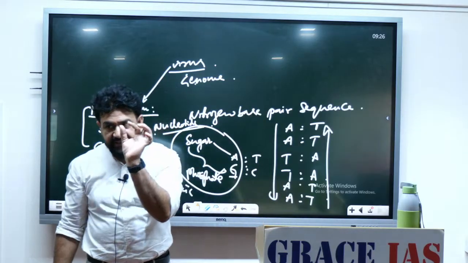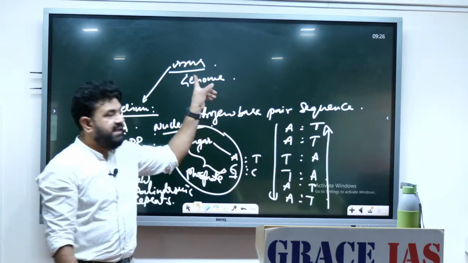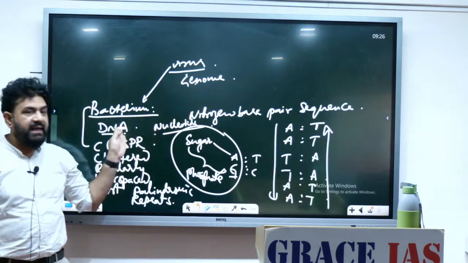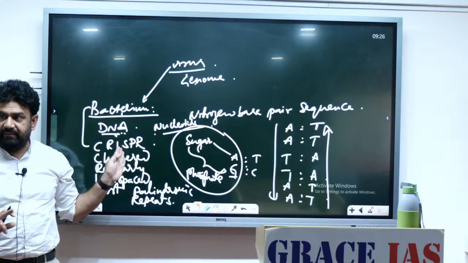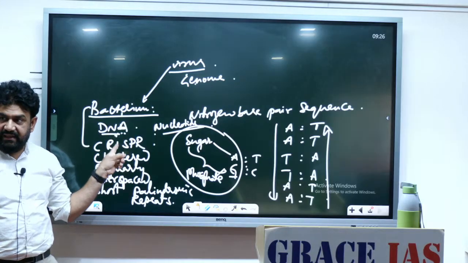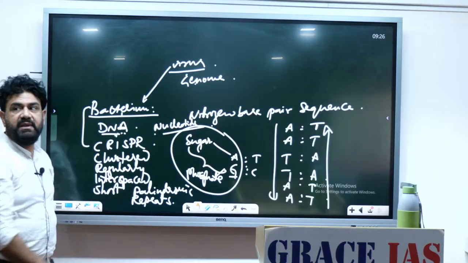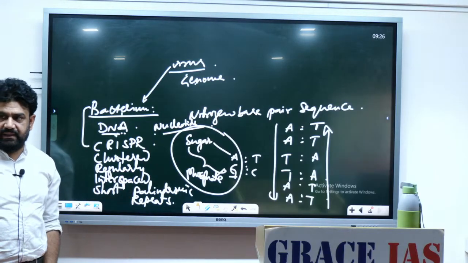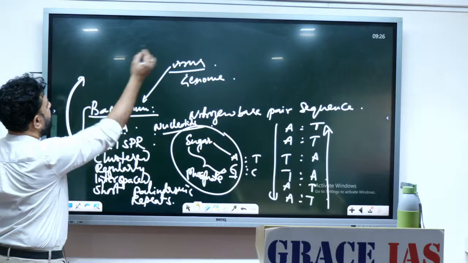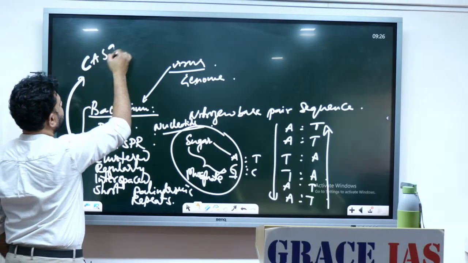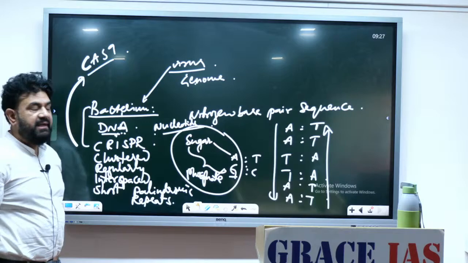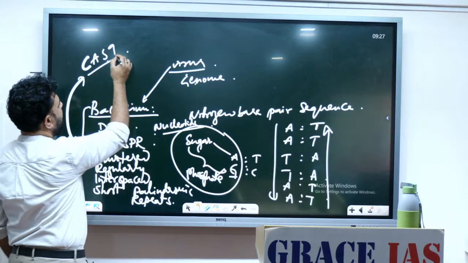If there is such a sequence in the virus genome, that would be identified by the bacterial DNA, which prepares a DNA similar to that, and this is called CRISPR. Clear? Now this CRISPR would identify with the help of a CRISPR associated protein 9.